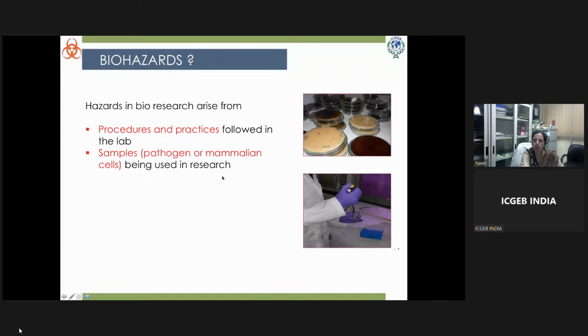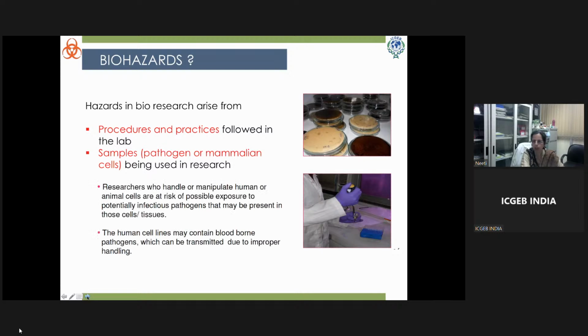When we say biohazards, these include all the hazards that are involved in bioresearch. These would include the procedures and the practices followed in the lab, and also the samples, mainly the pathogenic samples or the mammalian tissues that are being used as research materials. And who is the major risk group?